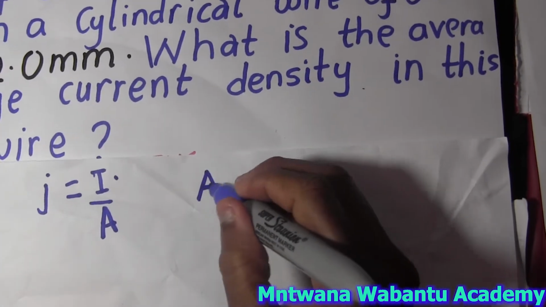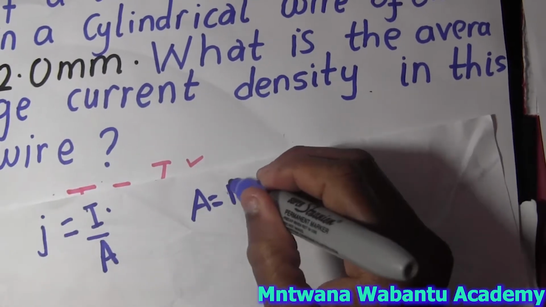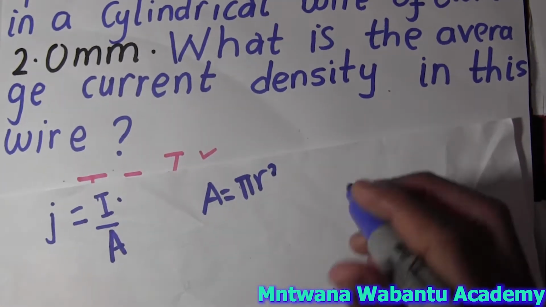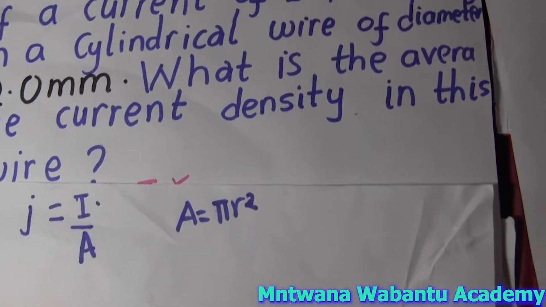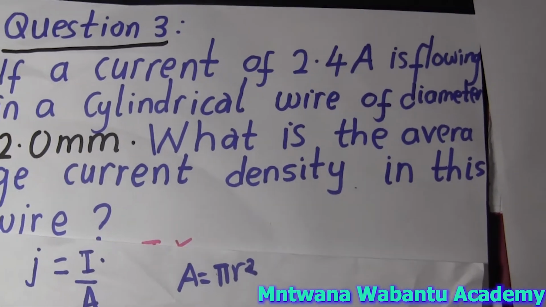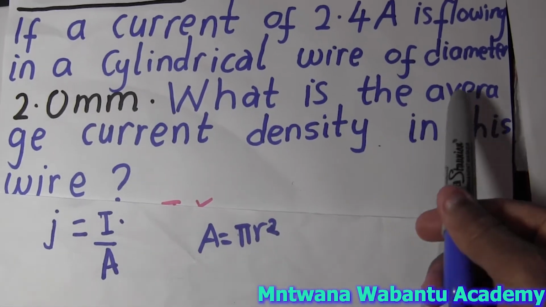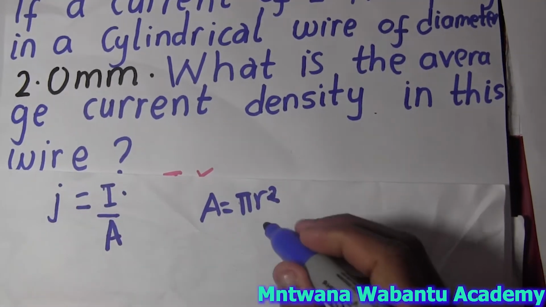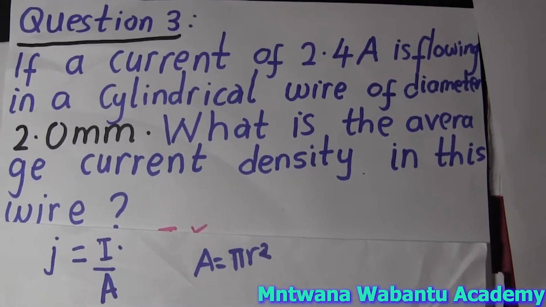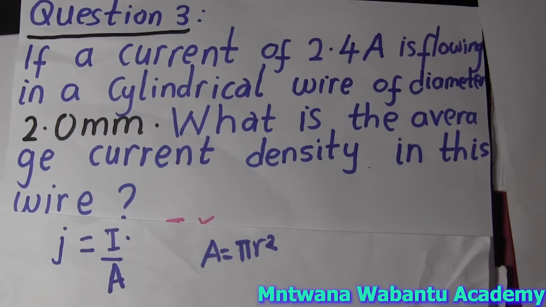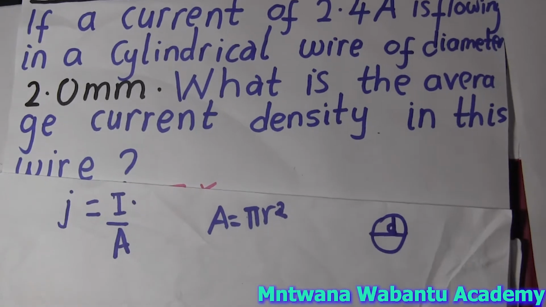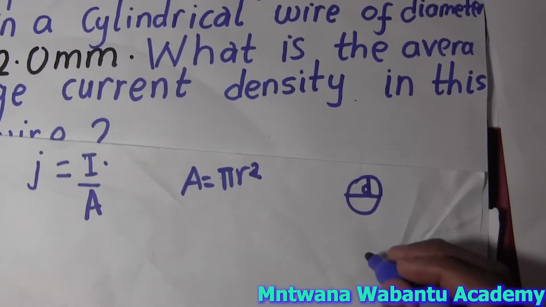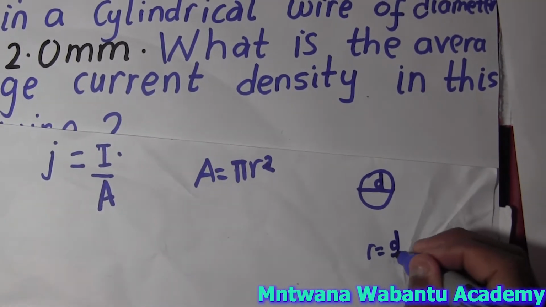So I'm going to come here, cross section area equal to pi radius square. You know what I'm saying? But do you have a radius? No, you don't have a radius. But we have here, they say diameter equal to that one. If somebody gives me diameter, look, if this is a circle here, all of this is diameter. Radius means take the diameter divided by 2.